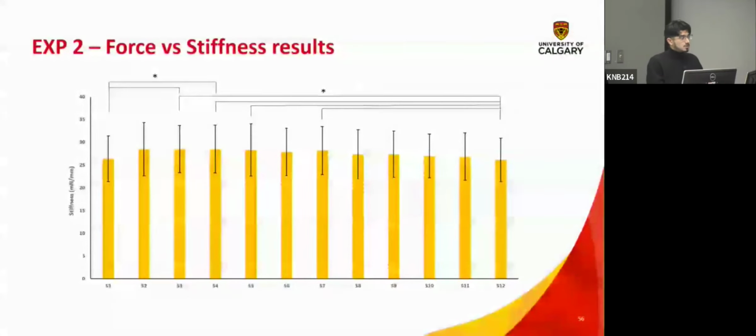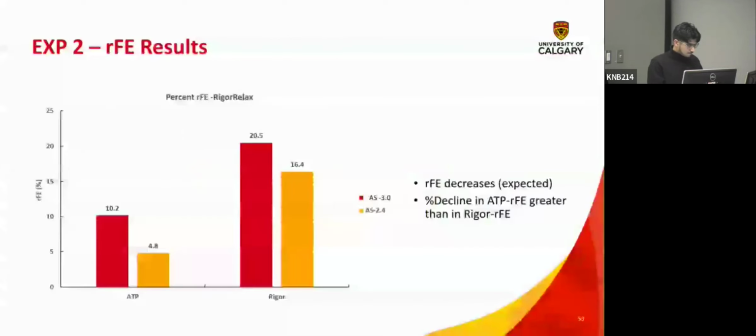So what about doing the experiment where you get less passive force? Instead of stretching from 2.4 to 3, you stretch from, I don't know, 1.8 to 2.4, and you have no or negligible passive force. You get rid of that confounding factor.